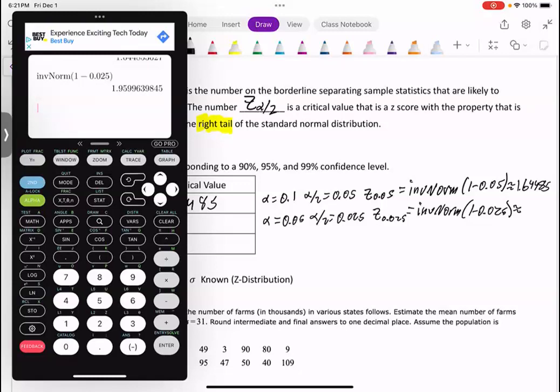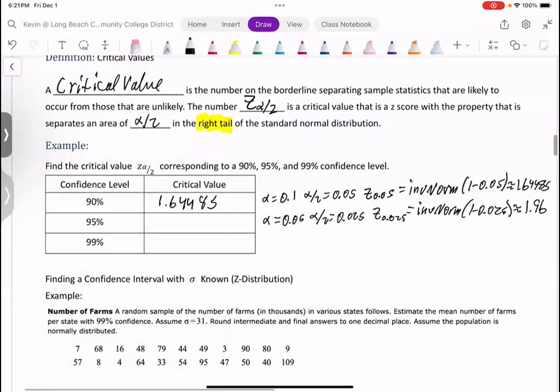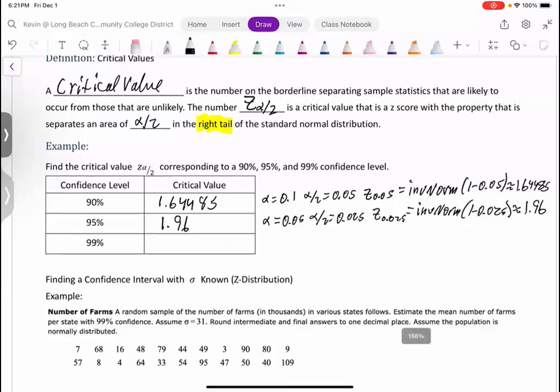It's going to be about 1.96. Everything's rounded off. These are common critical values when we're dealing with a z distribution. When we get to the t distribution, things are going to change.